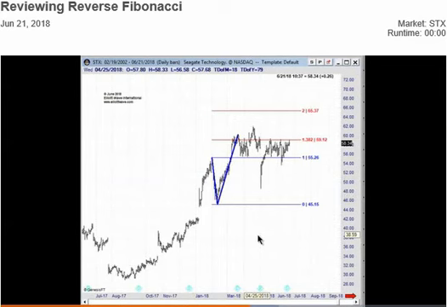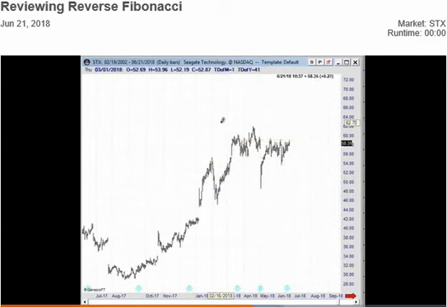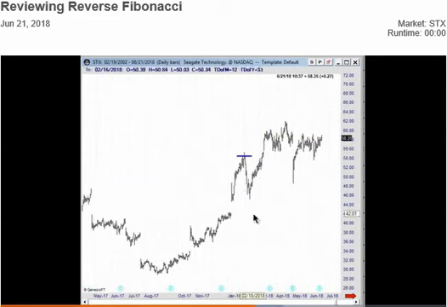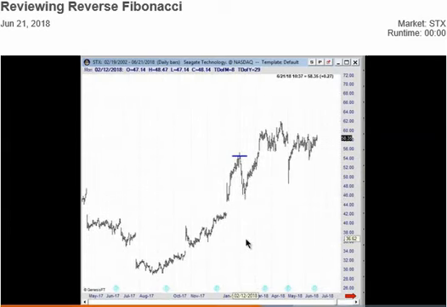Since we've already achieved this target area, that was our growth phase, then we have the decline, then we have the correction. Now, if we want to, we can get cute here and look at some of the internal substructures to identify the length of this pullback. I would probably go to a smaller time frame, but because we're working with a daily chart, let's just stick to what we're doing.